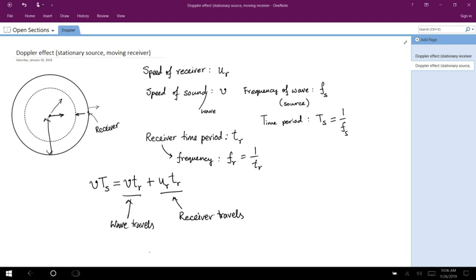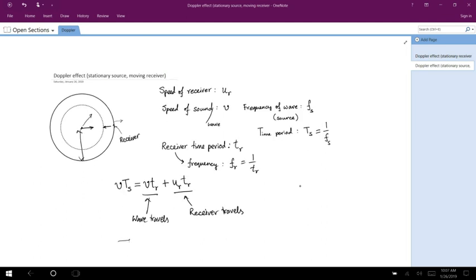And the sum total of these two has to be equal to the total distance that the stationary source wave would have traveled to reach the original receiver, right?